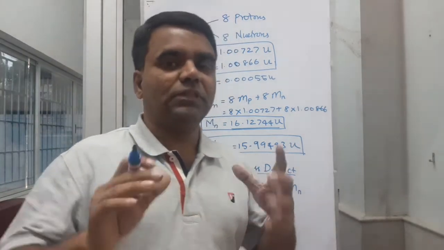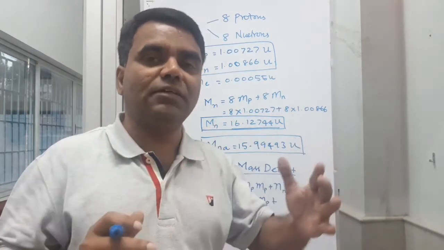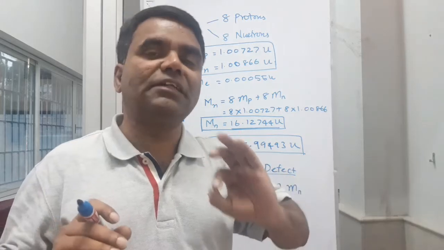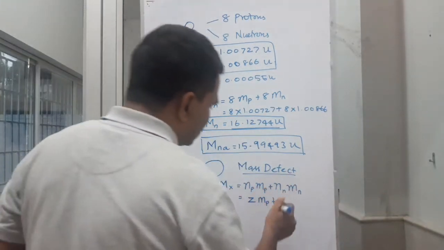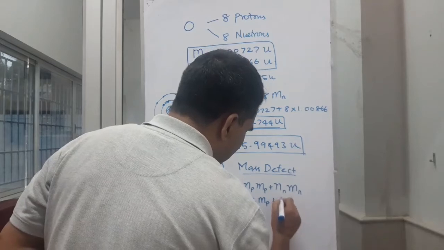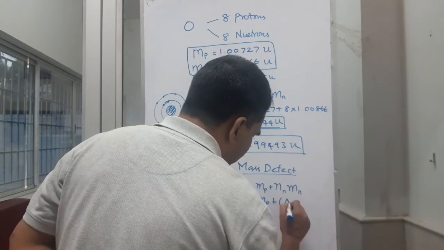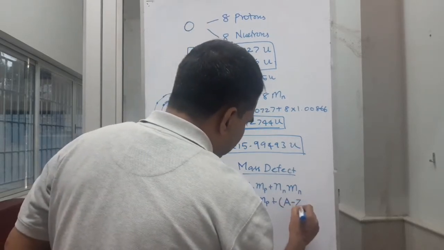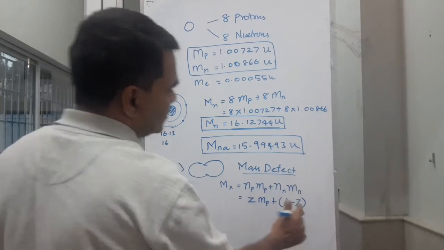Well, that's the atomic number subtracted from the mass number, right? So the number of neutrons is going to be the mass number minus the atomic number.